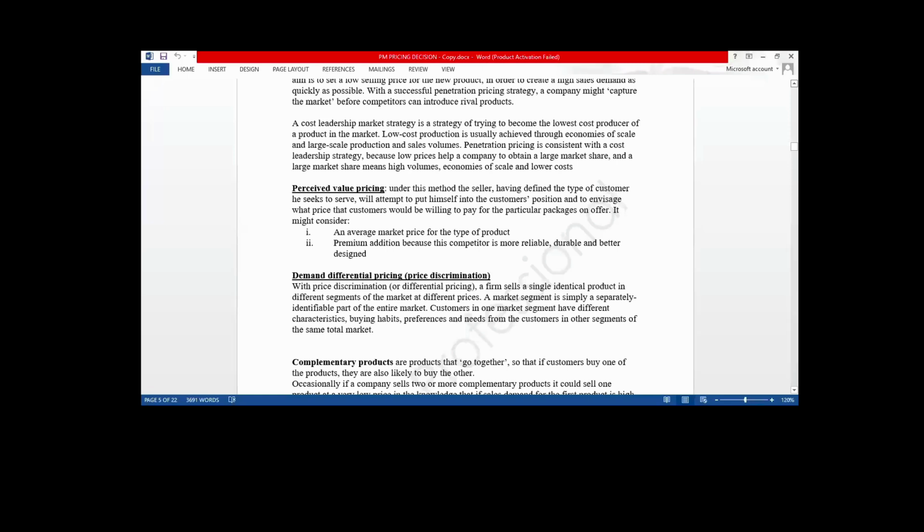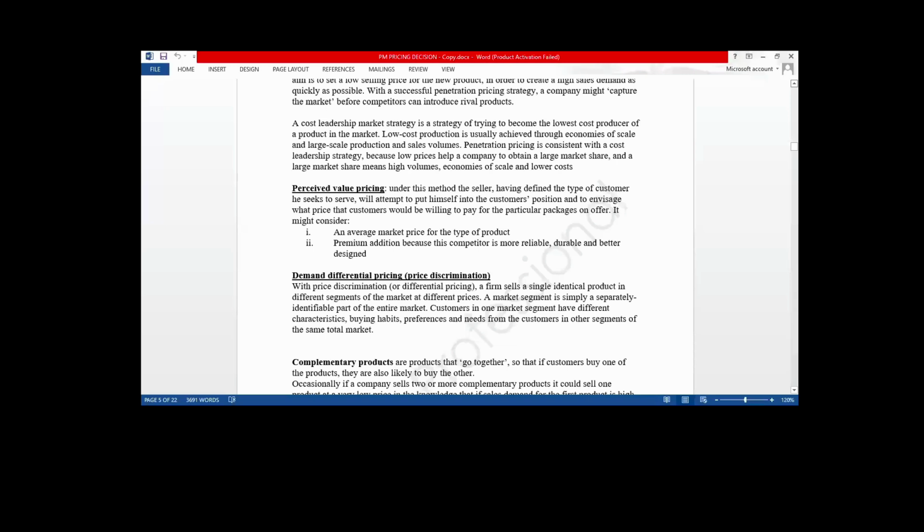What is a cost leader? A cost leadership strategy is a strategy of becoming the lowest producer of a product in the market. That is, you must be able to achieve production at the lowest cost.